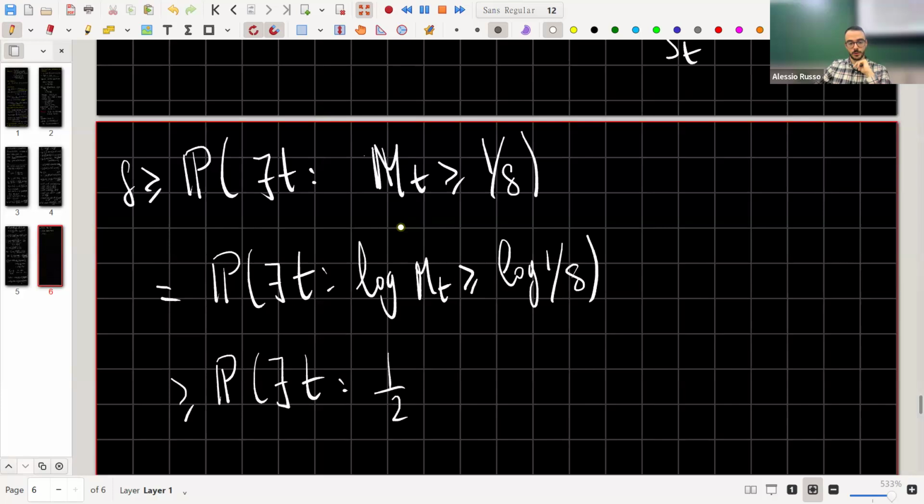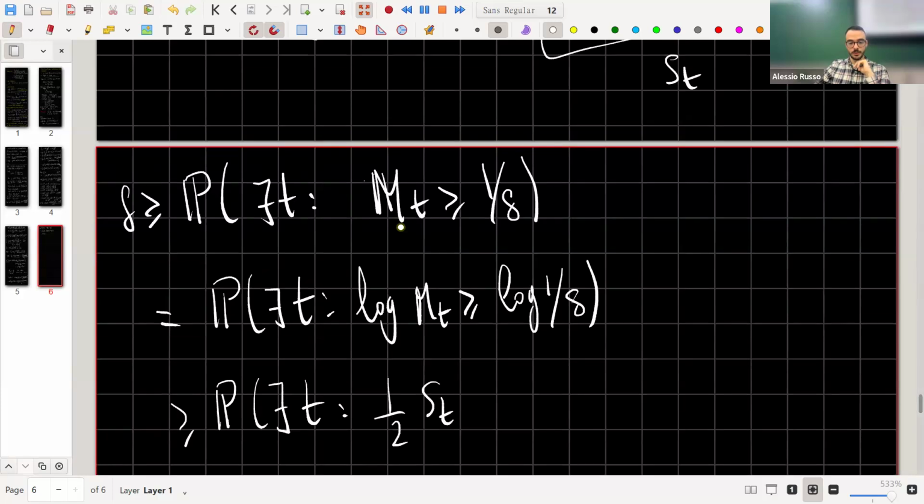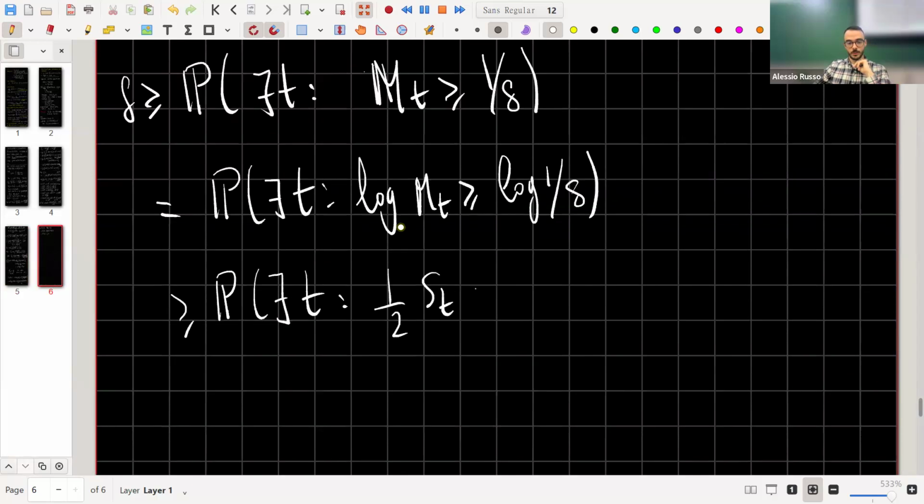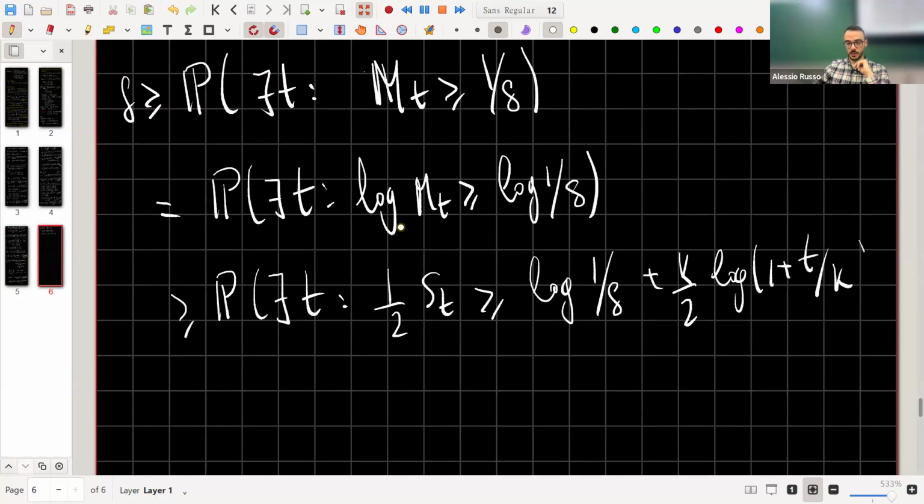So we have that 1 over 2 St, here we also have a factor 2, is bigger than log 1 over delta plus k over 2 log (1 plus t over k). So you just multiply by 2 and we have proven the result that we wanted.